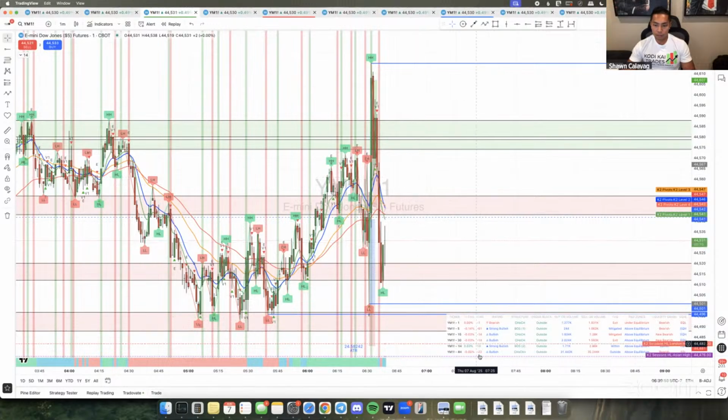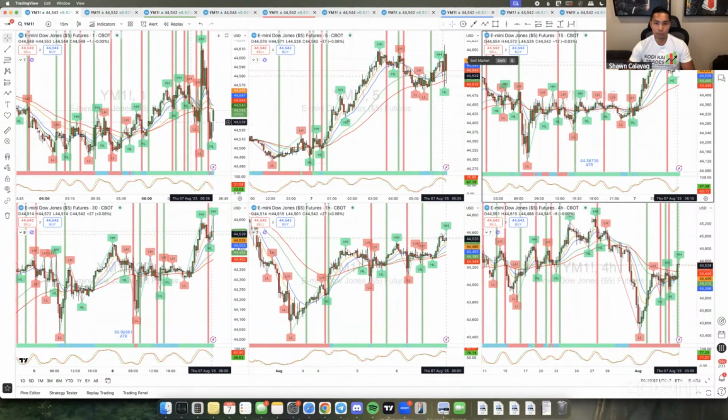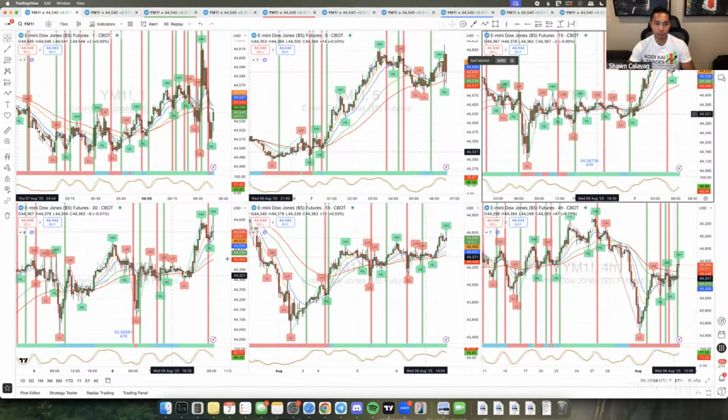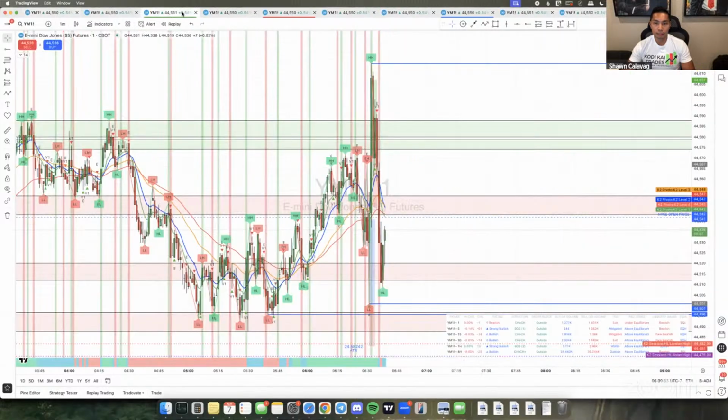All right, so looks like I'm going to keep looking for buys here, guys. The overall market structure here is bullish for me. Looking over here at the overall trend, also bullish, right? 1 minute is bullish, 5 minutes bullish, 15 minutes bullish, 30 minutes bullish, 1 hour is bullish, and the 4 hour here is bullish as well. So I'm going to be looking for some buys here as price continues to swing back up. Possible sweeps down here if price ends up coming back down.